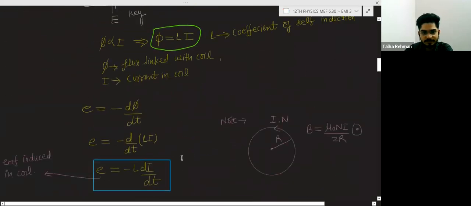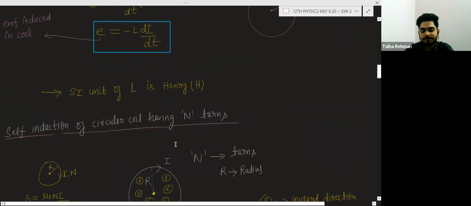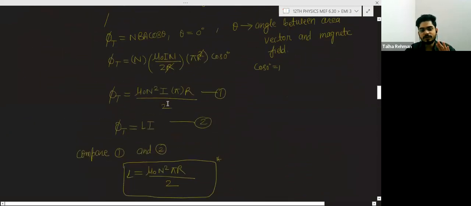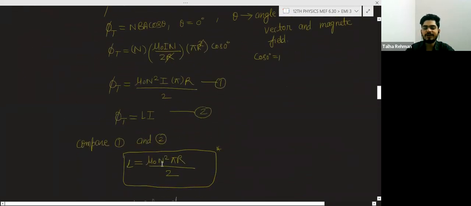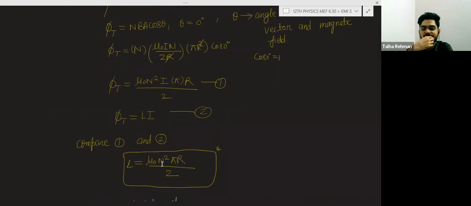Phi is equal to Li. So we will compare both equations and we will get the coefficient of self inductance. The coefficient of self inductance for a circular coil having n number of turns is given by mu naught n square pi r by 2. Mu naught n square pi r by 2 we will get.